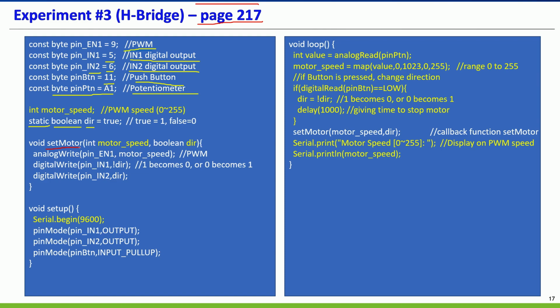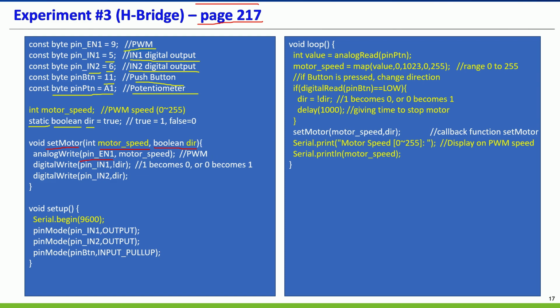And in here there is the setMotor function, whose inputs are the motor_speed variable and the Boolean direction. In the analogWrite, you just give the motor PWM, which is pin 9.